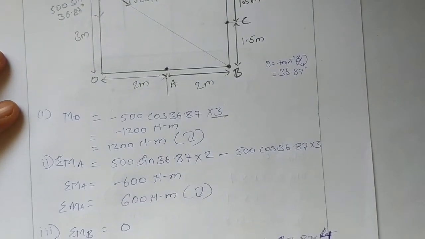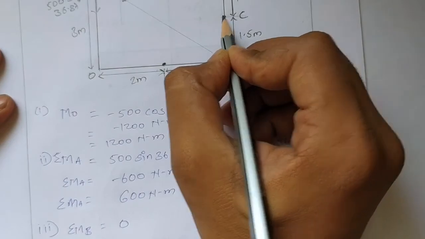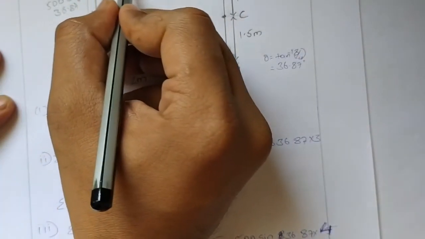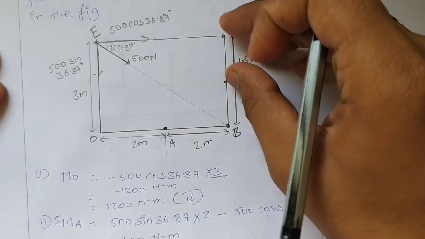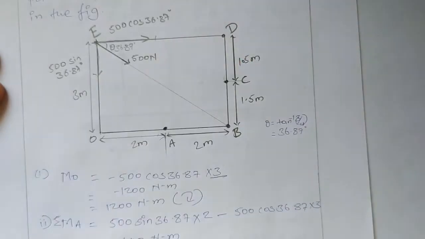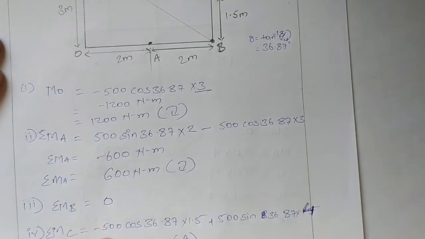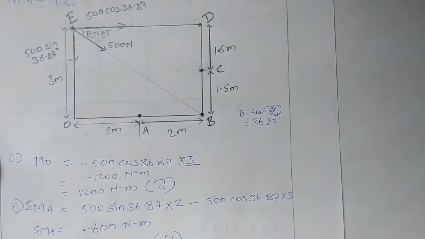Then similarly about point C. About point C, this 500 cos 36.87 is a horizontal force which is making a clockwise moment. That is why it is negative. So negative 500 cos 36.87 into this 1.5 distance.